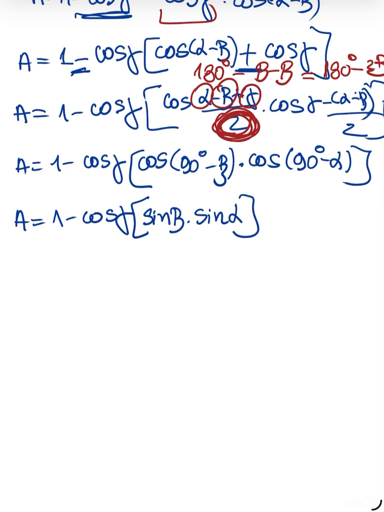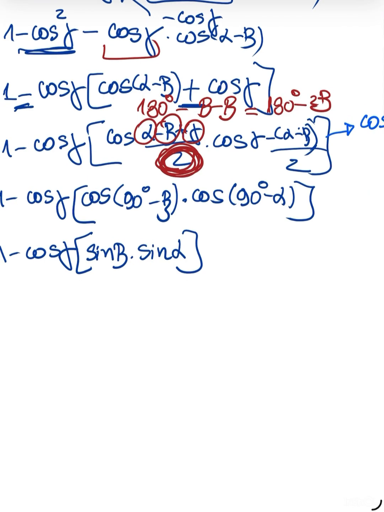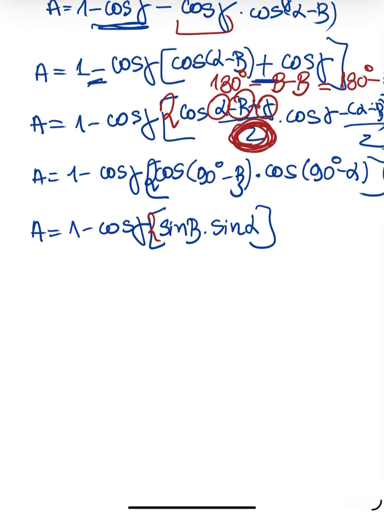And when we reconstruct the expression, we forgot the 2 here from the formula. We just have A is equal to 1 minus cosine gamma times 2 times sine beta times sine alpha.